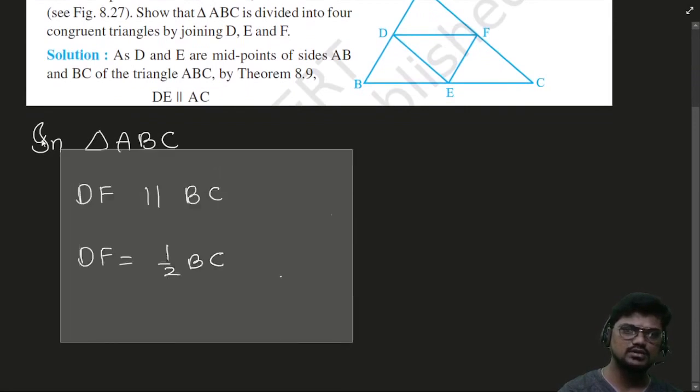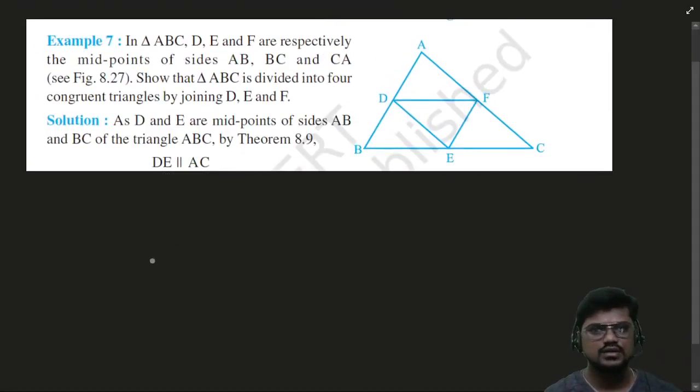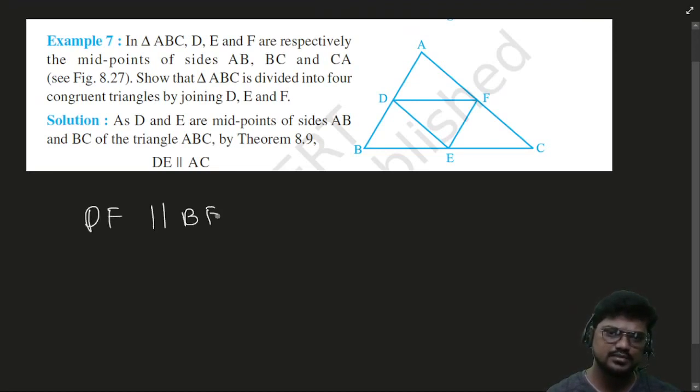Yeah, the way which they have used the statements is different. See, we know that DF is parallel to BE. Can I say that? DF is parallel to BE. Also, EF is parallel to BC, so you can say BE also, no? It is the same line.